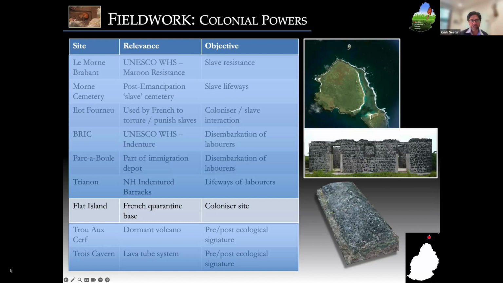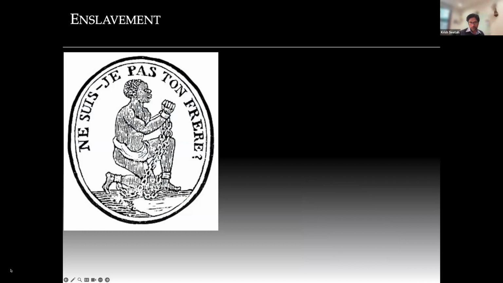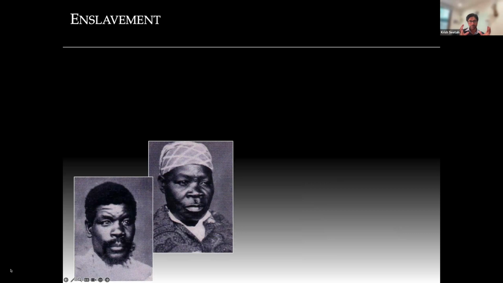And now moving more specifically to the context that we're focused on for this tour, looking at enslavement, for example, there was a really interesting context with enslavement in terms of the diversity of people that were coming and the roles of enslaved people within both the plantation system, but also more widely within the environment itself or within the island more broadly.